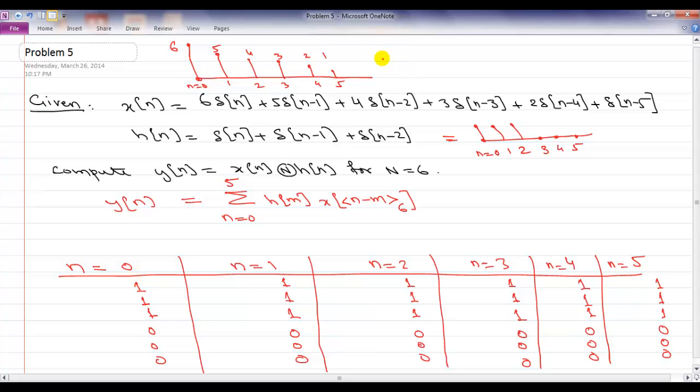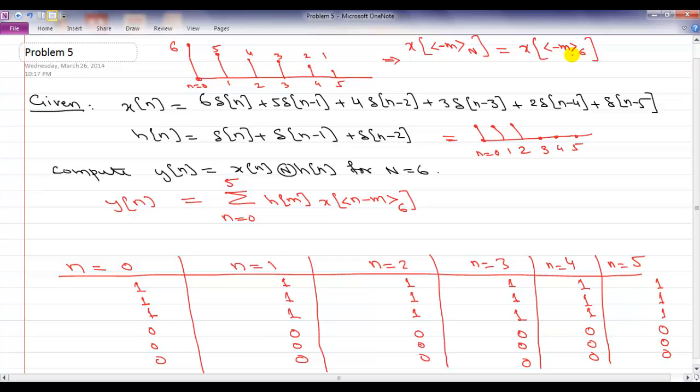What I'm interested in is I need to calculate x of minus m mod n, which is x of minus m mod 6. Now, we had done the circular flip version. What was that? For m equal to 0, we get back 0.